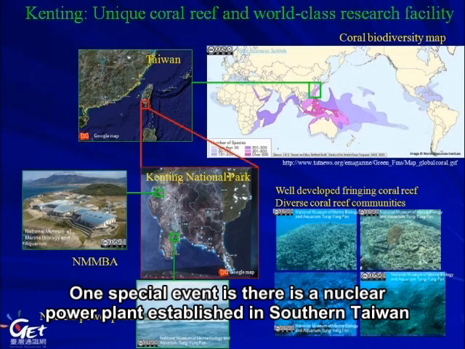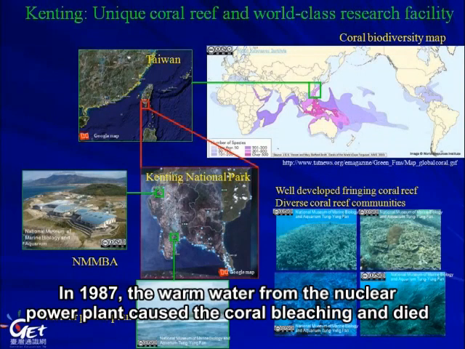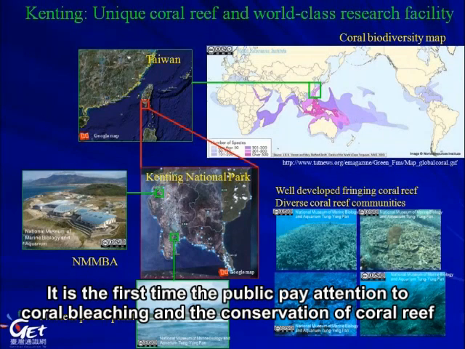One special event is that a nuclear power plant was established in southern Taiwan, and in 1987, the warm water from the nuclear power plant caused coral bleaching and death. It was the first time the public paid attention to coral bleaching and the conservation of coral reefs.